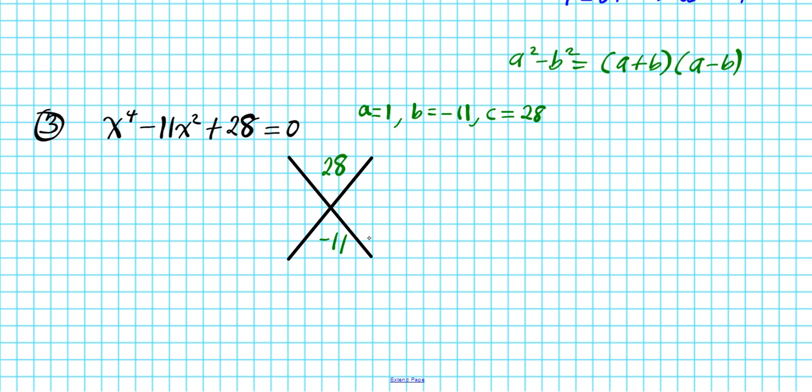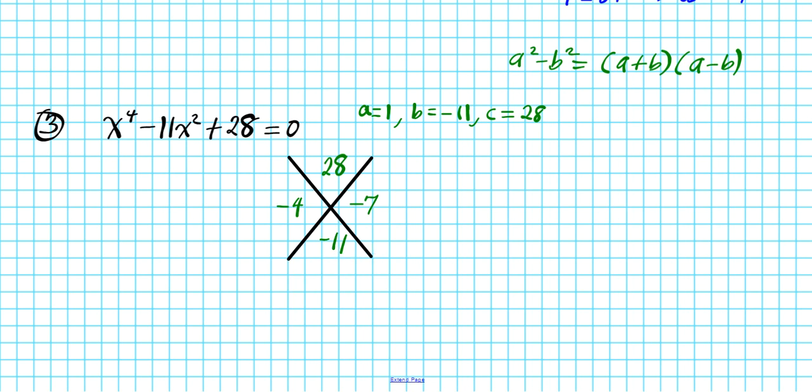So we're going to ask ourselves, what 2 numbers multiply to give you 28 and add to give you negative 11? So we have 4 times 7 gives us 28. Now the signs don't work. How about we negate both of them? So negative 4 times negative 7 is 28, and negative 4 minus 7 is negative 11.